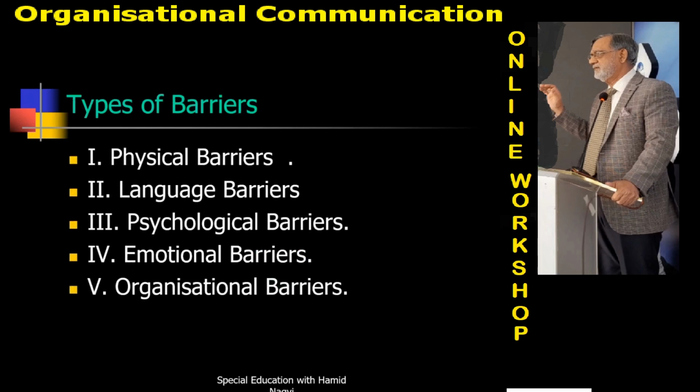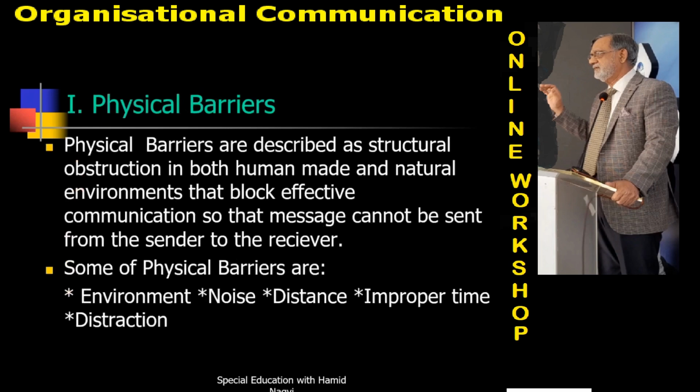Now, some of the main types of communication barriers can be physical barriers, language barriers, psychological barriers, emotional barriers, and organizational barriers. We'll take up each one of these major barriers and discuss what it is.